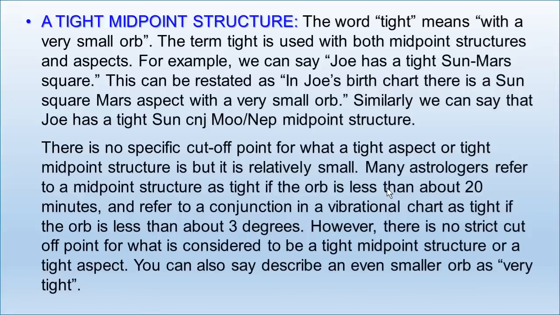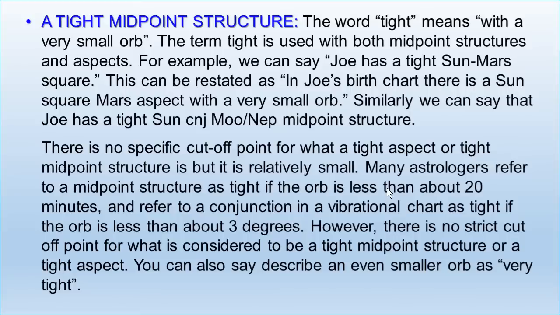We use the term tight with midpoint structures and also with aspects. So you'll hear someone say, Joe has a tight Sun-Mars square. What does that mean? It's a quick, abbreviated way of saying that in Joe's birth chart, there is a Sun square Mars aspect with a very small orb.